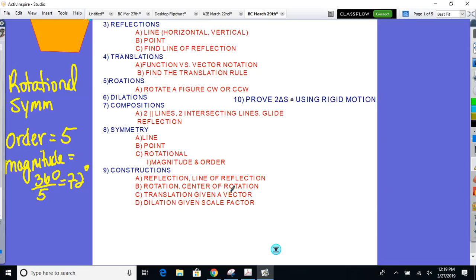And finally, prove two triangles are congruent using rigid motions. That's what we did on Wednesday in class, where you find out what you're doing. So if you're doing a reflection, it's a reflection through the x-axis. Reflections are rigid motions, which preserve distance and angle measure. Therefore, thus, henceforth, whatever word you'd like, the triangles are congruent.